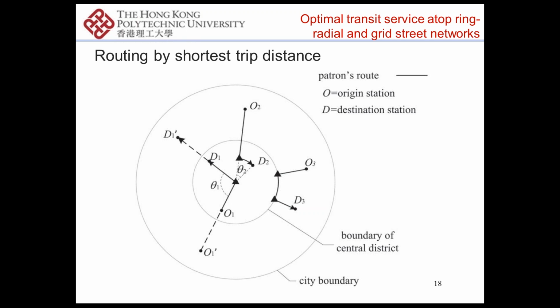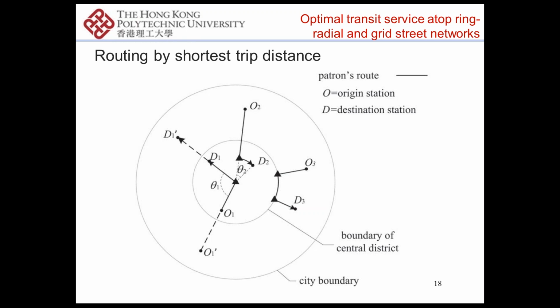Here we ideally just assume there's no congestion in the transit network. This of course can also be implemented in the real world, because transit vehicles, even buses, can enjoy dedicated bus lanes and transit signal priorities. However, congestion is more likely to apply to cars.